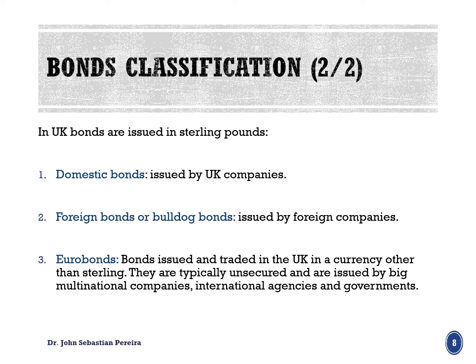The third category are euro bonds. These are bonds issued and traded in the UK in currency other than the pound sterling. The main currencies in the UK market for euro bonds are US dollars and Japanese yens. These kinds of bonds are typically unsecured in nature. They are issued by big companies, multinational in nature, international agencies and governments.